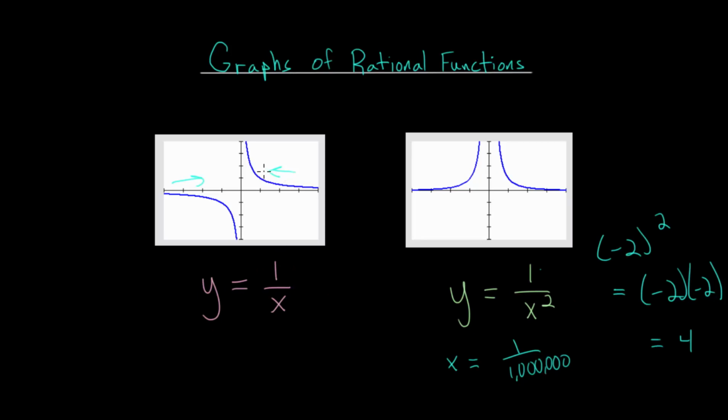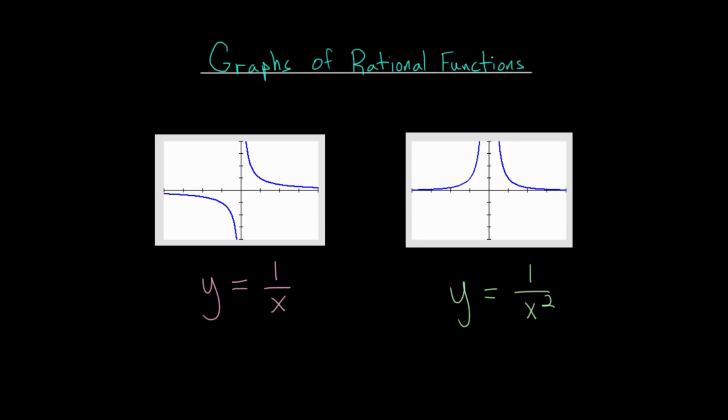It's just it approaches 0 at a slower rate. Notice how for x values, let's say around 4, the 1 over x squared graph is closer to the x-axis than the 1 over x graph. But they both do approach 0 as x gets larger or as x gets more and more negative.